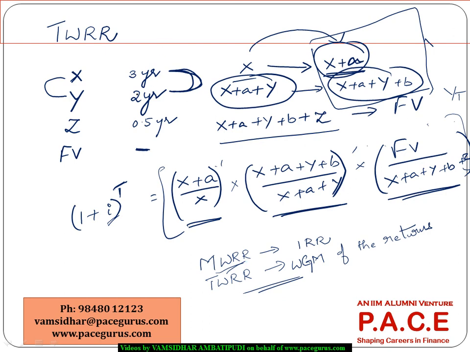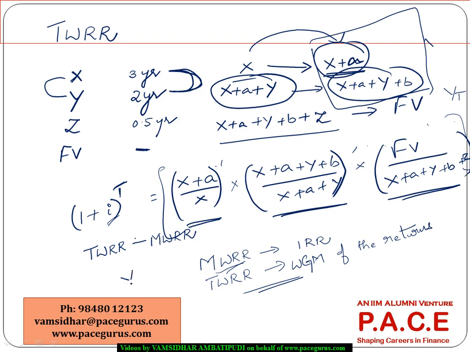And generally in the investment management industry, or in the fund management space, it is seen that the time weighted rate of return is more used compared to the money weighted rate of return. The reason being, we are not bothered too much about the cash flows.